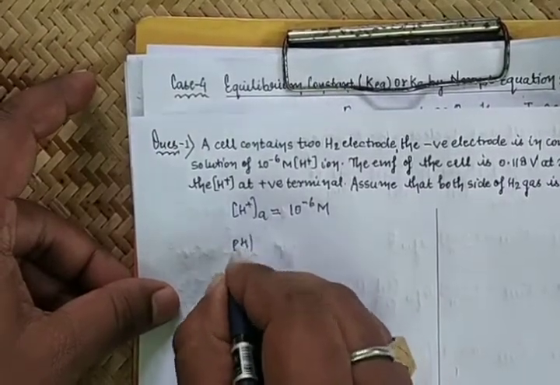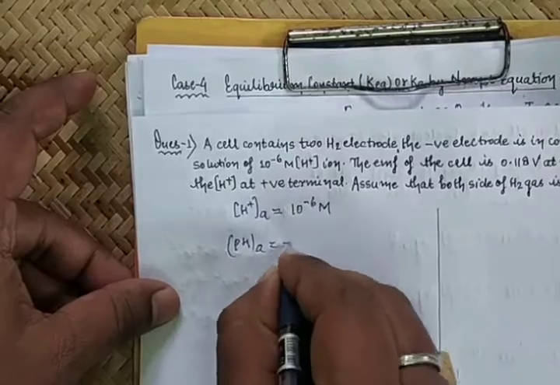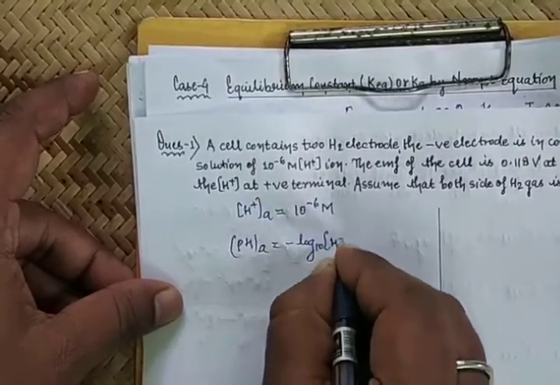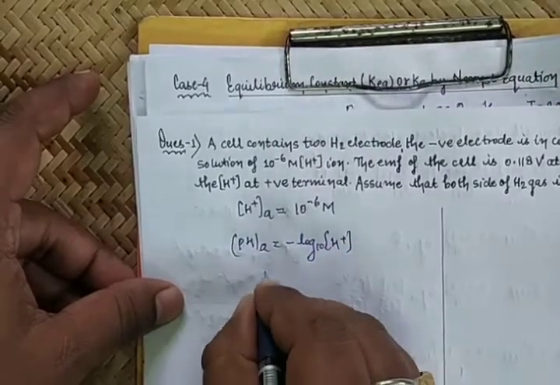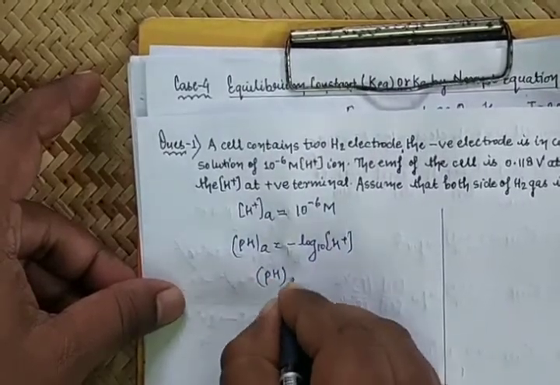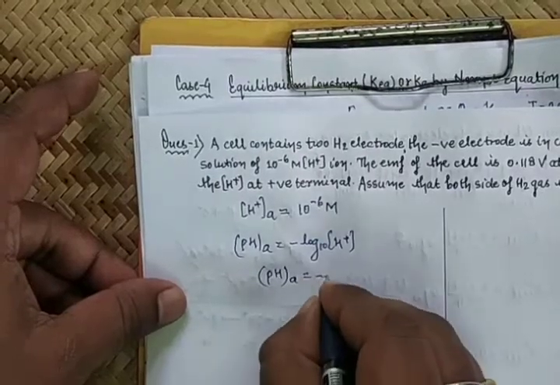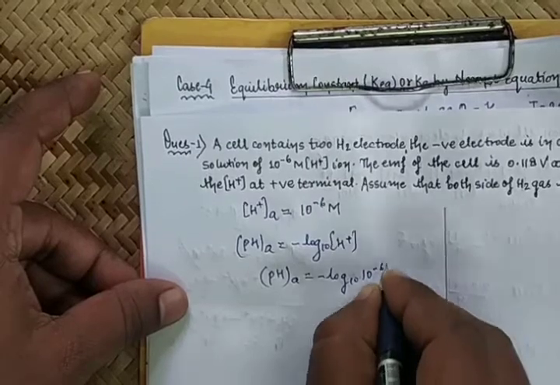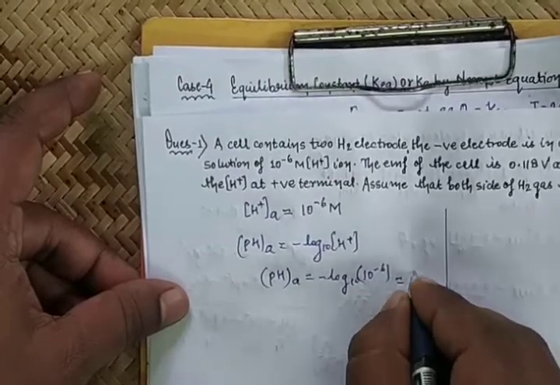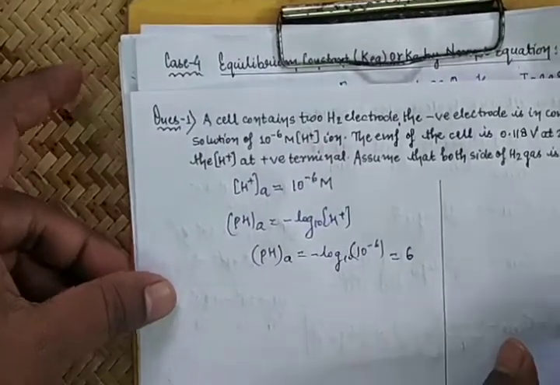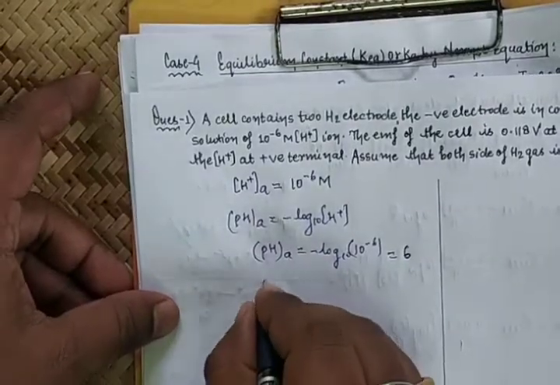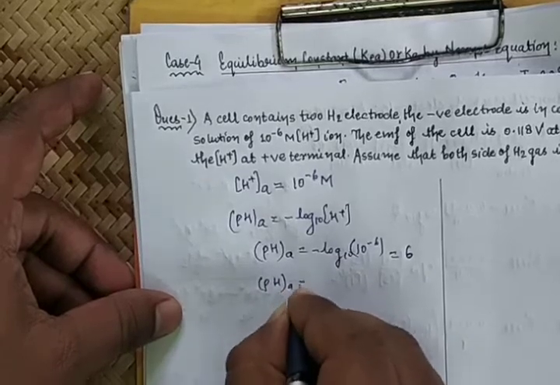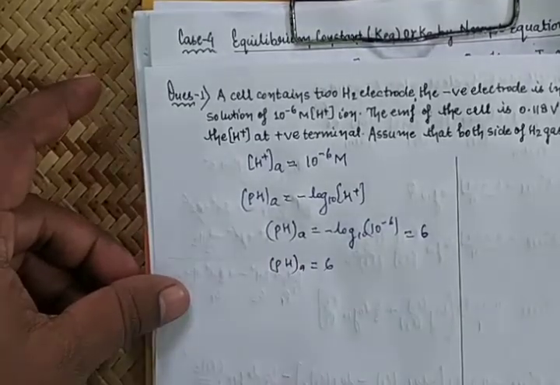You know the pH of the anode is equal to minus log base 10 of the H+ concentration. So the pH of the anode is minus log base 10 of 10 to the power minus 6. So the 10 to the power 6 comes to this side, and the answer is 6. Clear? Now the pH of the anode is 6.